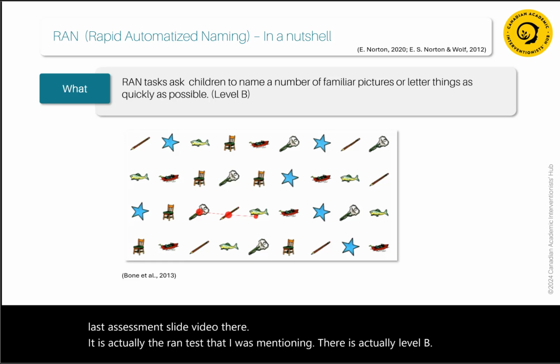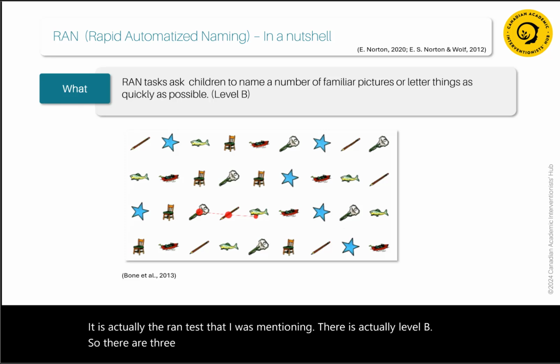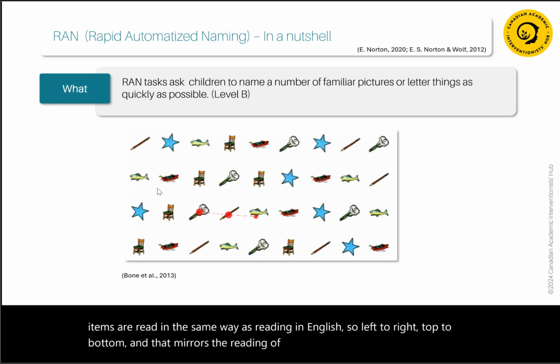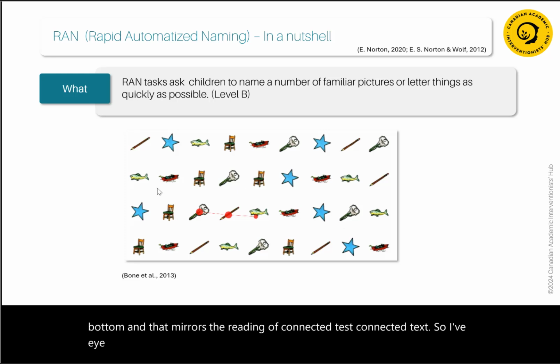So there are three key aspects to RAN. One is that the layout is a grid, and the items are read in the same way as reading in English, so left to right, top to bottom, and that mirrors the reading of connected text. So eye movements, attention, monitoring, cognitive processing, all of those good things.